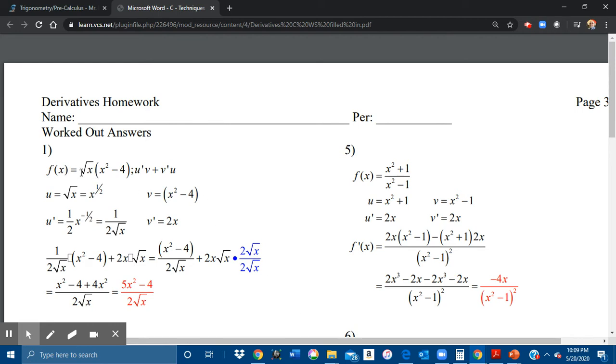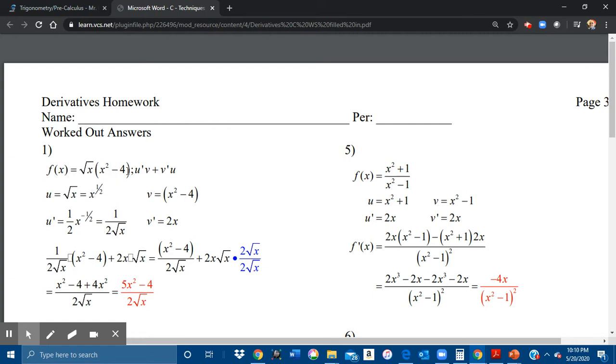If f of x is equal to the square root of x times the quantity x squared minus 4, well, remember our rule here that the derivative is going to be u prime times v plus v prime times u. Well, u is going to be the first one here, the square root of x, or x to the 1/2.